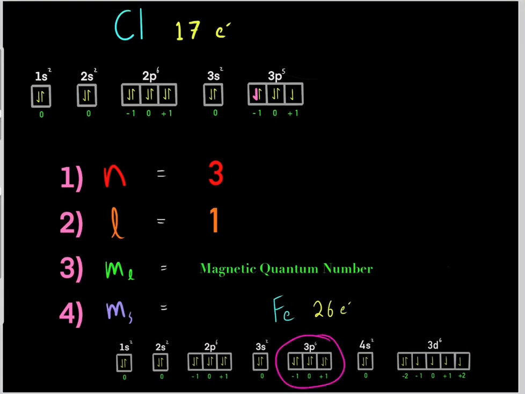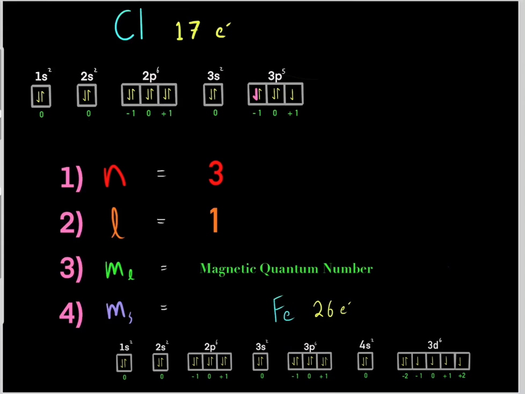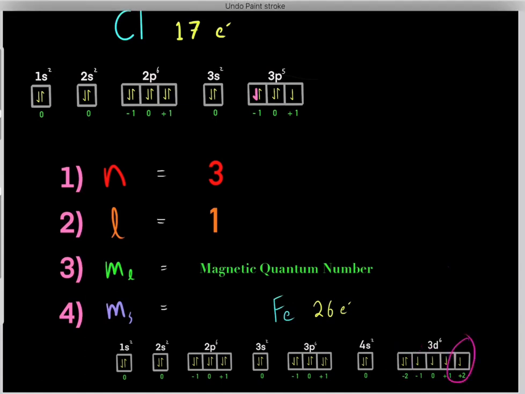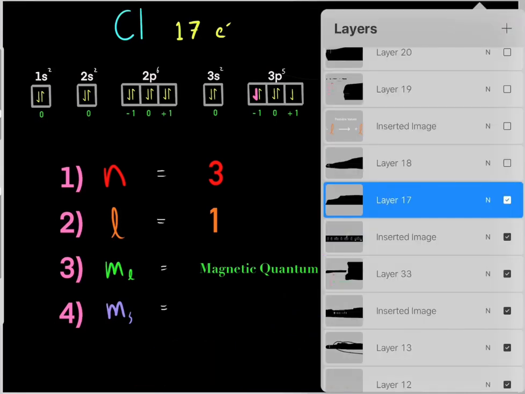For example, this 3p orbital, the center orbital is 0, then the adjacent orbitals are -1 and +1. And when it comes to this d orbital, again, the center orbital has a magnetic quantum number of 0, then the adjacent orbitals are -1 and +1, and then those adjacent orbitals are -2 and +2. So hopefully you can see the pattern and see it's really pretty straightforward.